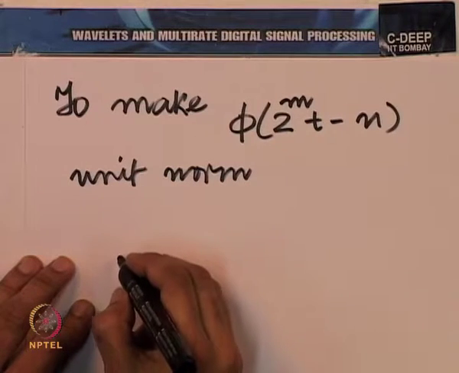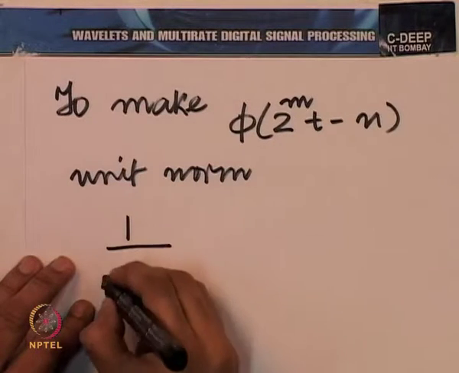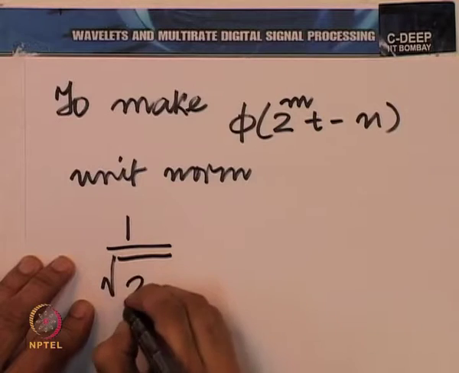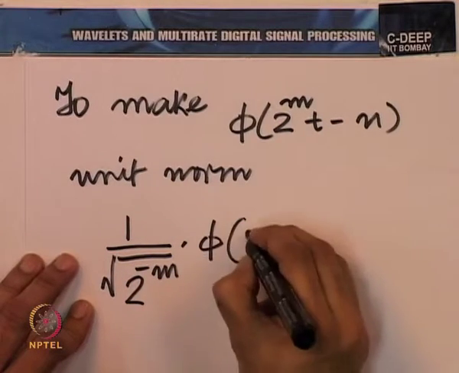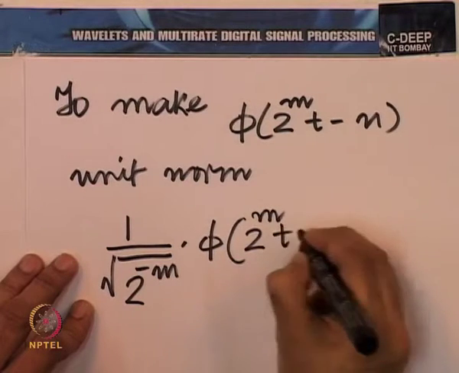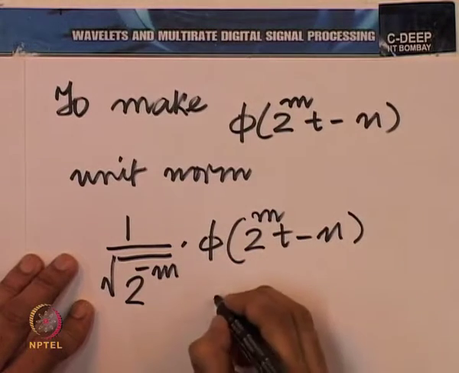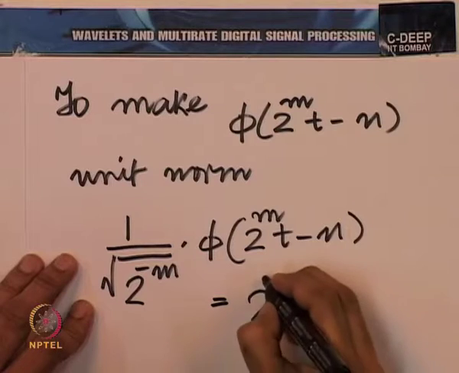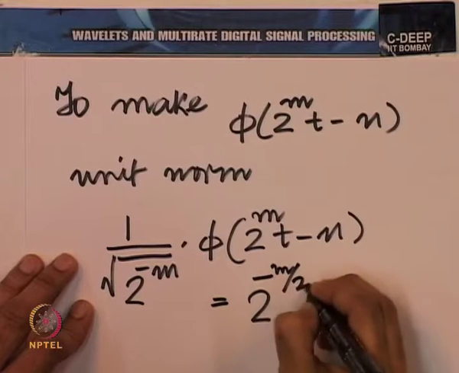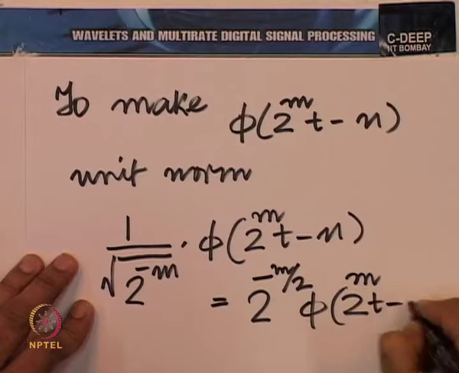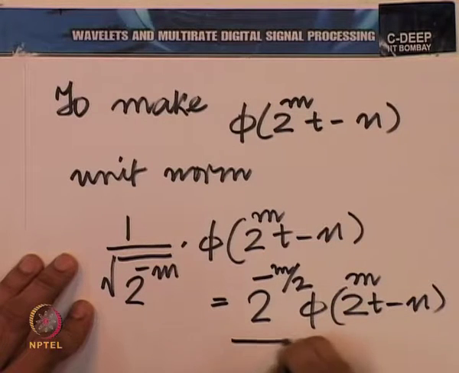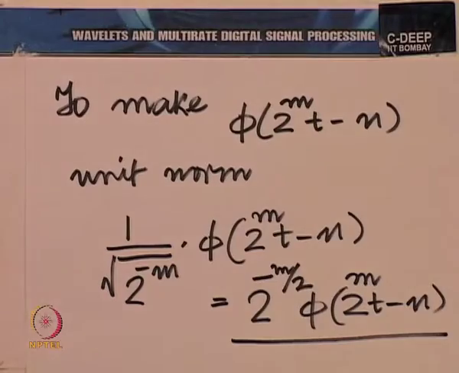We must consider 1 by square root of 2 raised to the power minus m times phi 2 raised to the power of m t minus n, and that is easily seen to be 2 raised to the power minus m by 2 phi 2 raised to the power m t minus n. So, this is the unit norm. This is now an orthonormal basis.